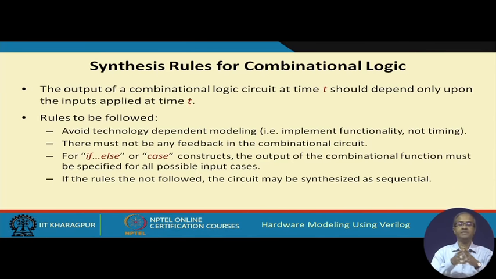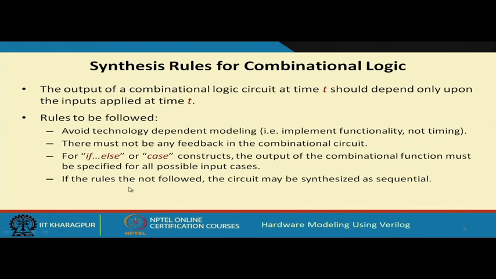For instance, if you are checking a condition on a 2-bit variable, then you must specify what the output will be for all 4 combinations: 0 0, 0 1, 1 0 and also 1 1. We discussed earlier that if you forget to specify one of the input combinations, then the synthesis tool will generate a latch for the output.